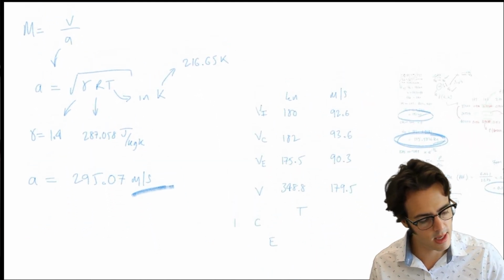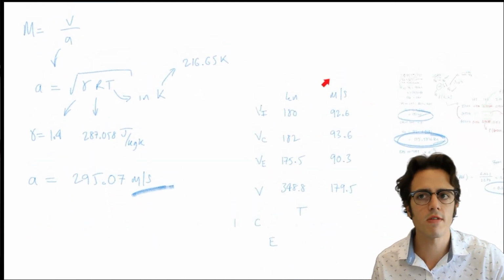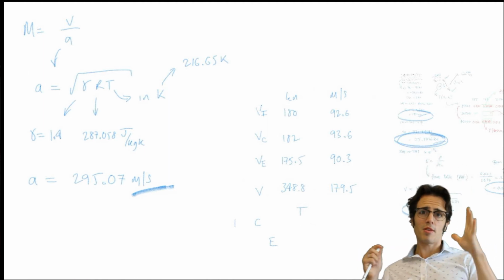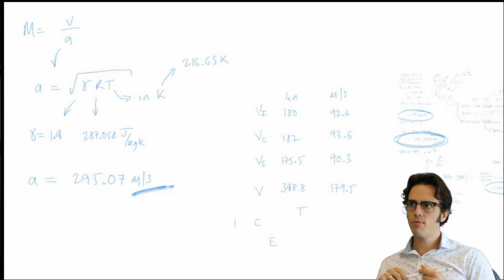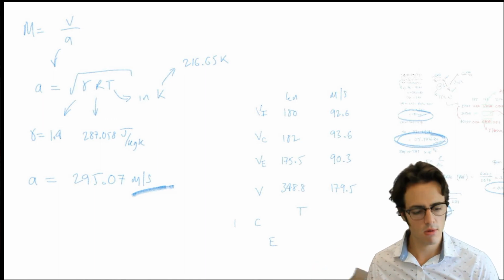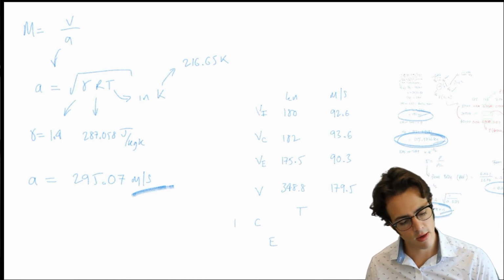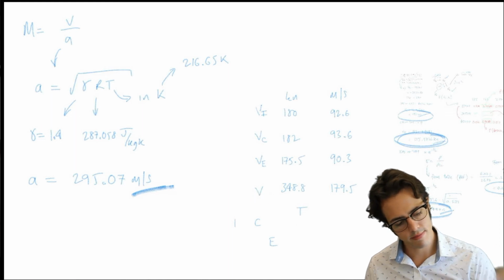So we've got the speed of sound. How do we get the Mach number? It's clearly one of these we've got to compare to. We're going to take one of those and divide it by the local speed of sound. So which one do we use? Do we use indicated, calibrated, equivalent, or true airspeed?